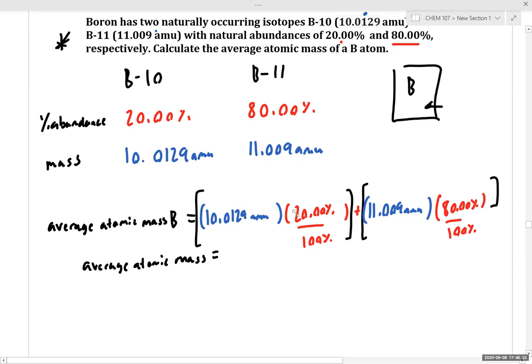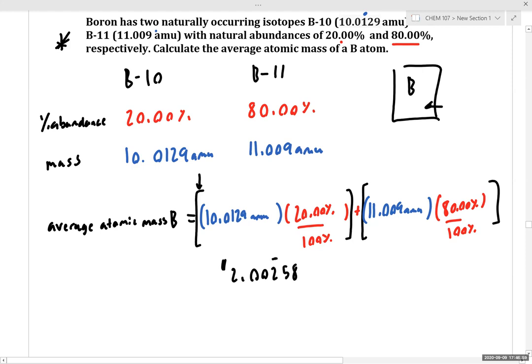So how do we interpret that? Well, that means first I'm going to enter a parentheses symbol, then 10.0129 times 20 over 100. So from this first calculation, we get 2.00258.